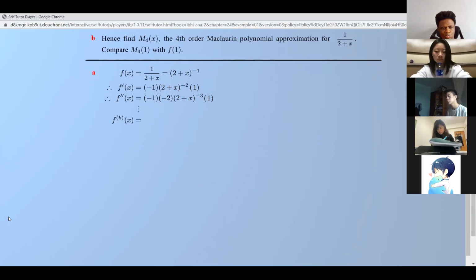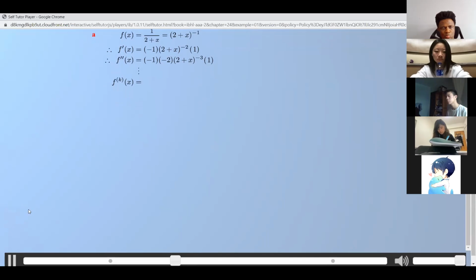So we write minus 1 to the power k. For the first derivative, we multiplied by 1. For the second, we multiplied by 2. For the third, we would multiply by 3, and so on. So for the kth derivative, we would multiply by k. For the kth derivative, we therefore have k factorial.